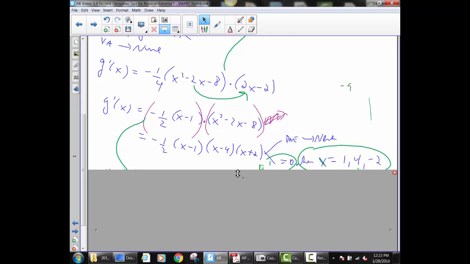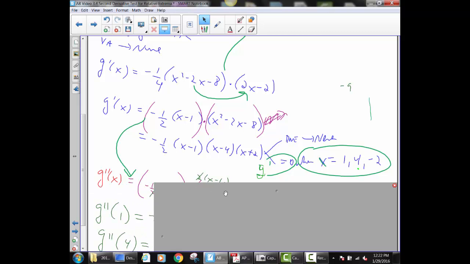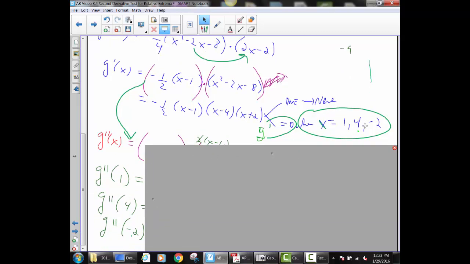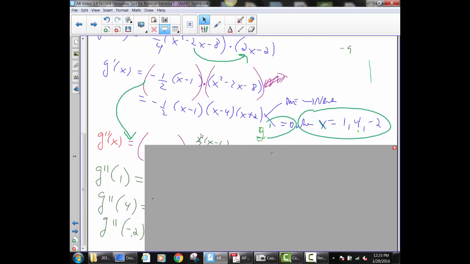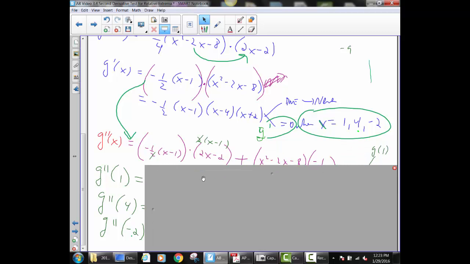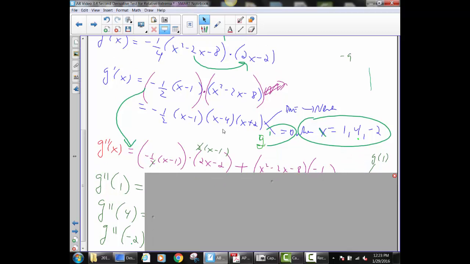So there's no number line. All you do at this point is figure out the second derivative at 1, at 4, and at negative 2. I would have to find the second derivative of this function, which I really don't feel like doing very much, but here goes. I took it from this version, and you notice I put these purple parentheses, so that's my first factor and that's my second factor.